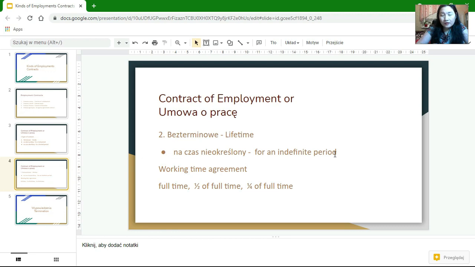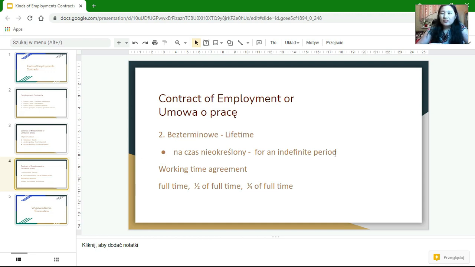But we have a working time agreement. In one month you have 160 hours, depending on the month, so that is a full month. If you don't want to work a full month, maybe you want to work half-time, 80 hours for one month, only a half.